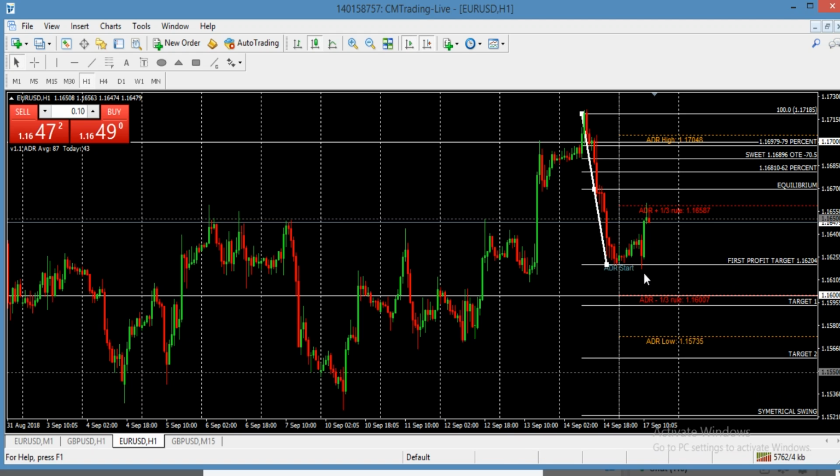Okay, so where we are is in a major resistance area, but if you look at the market, it's supposed to go back up a little bit, at least to touch the equilibrium here, or just to go into the OTE.